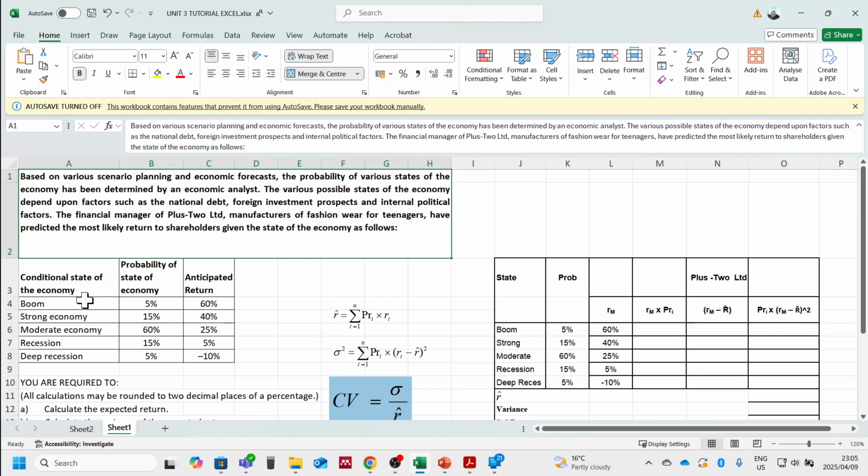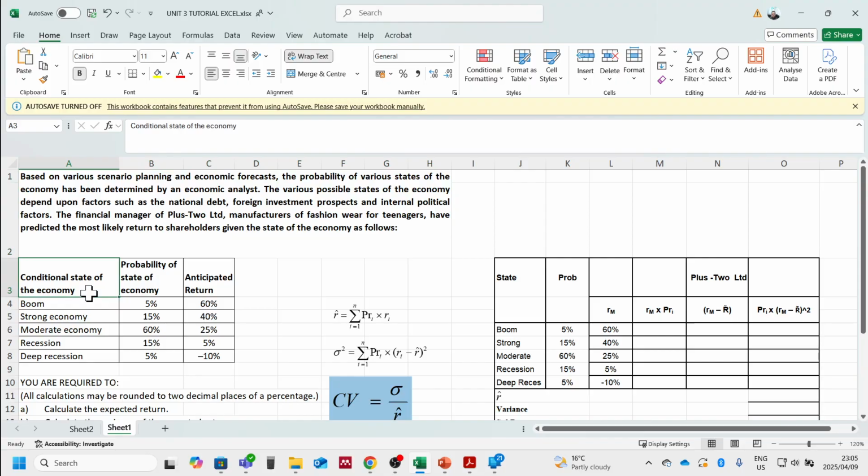Based on the economic analyst, every time the state of the economy is under boom, the company normally earns an average return of 60%, and the likelihood of this occurring based on previous events is 5%.